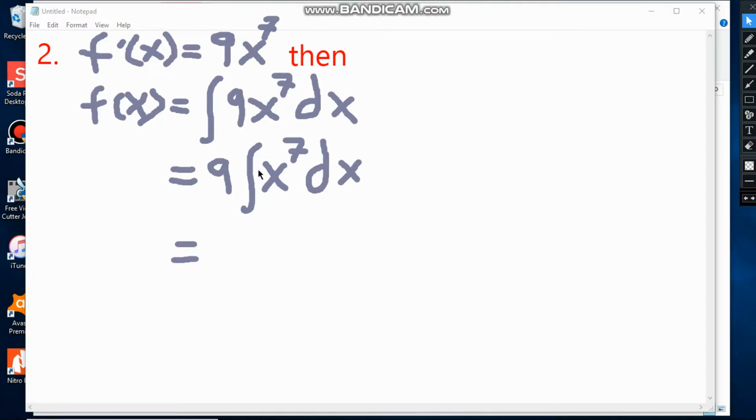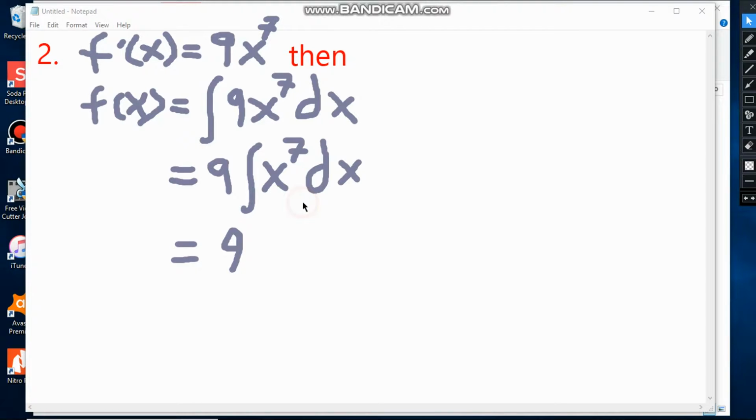By using the general formula, 9 is a constant, so there is no problem. We keep it out of the integral sign, but as x has the power 7, we must add 1 to it, and then we divide by the result of adding 1 to the power. I talked too much about this in class number 1.